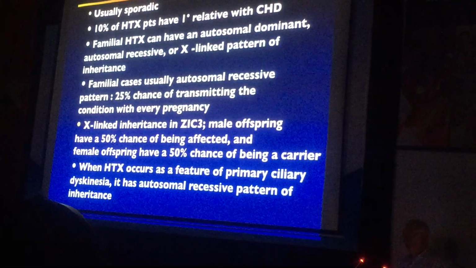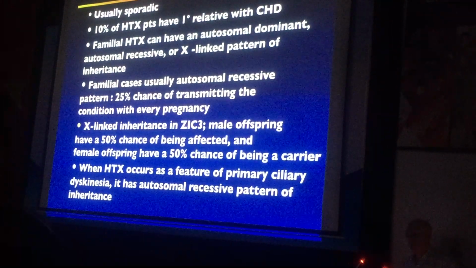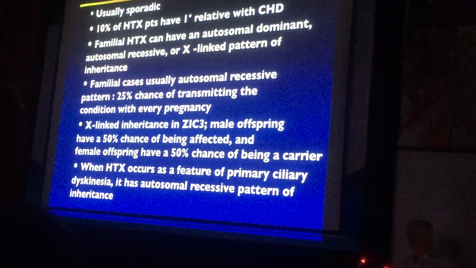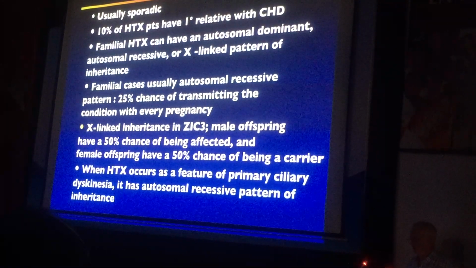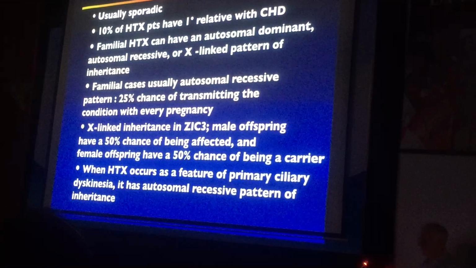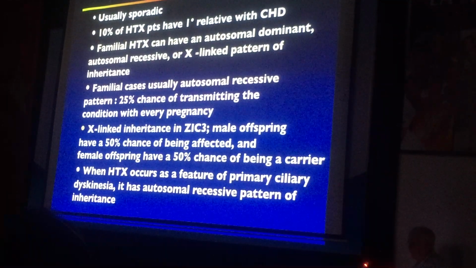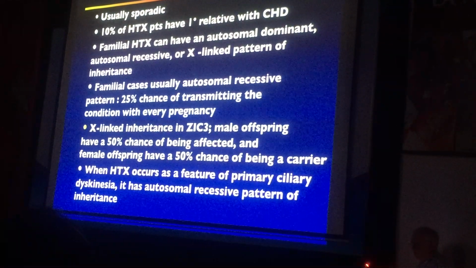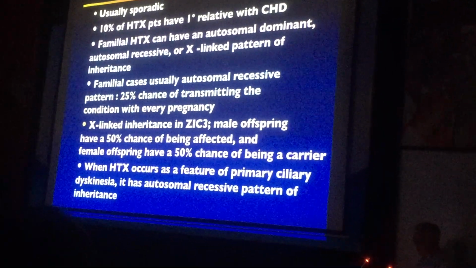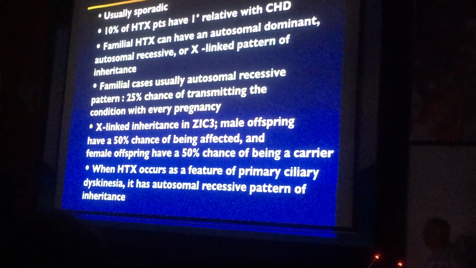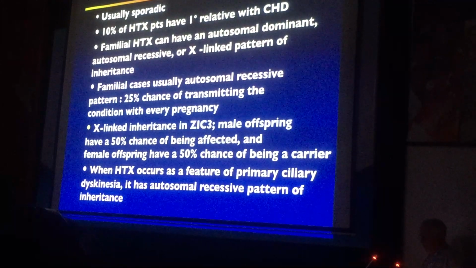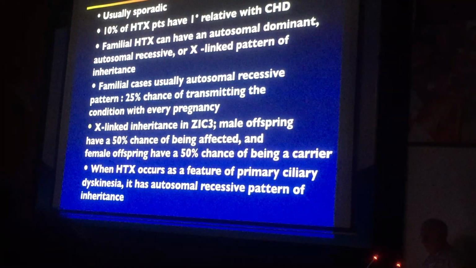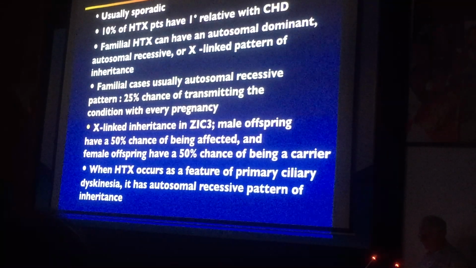So what we know is that it is a genetic disease, although it's sporadic. 10% of patients with heterotaxy syndrome have one relative with congenital heart disease. And they can be either autosomal dominant or recessive or X-linked. The familial causes 25% chances of transmitting the condition in every pregnancy, and X-linked in only the male offspring has a 50% chance.